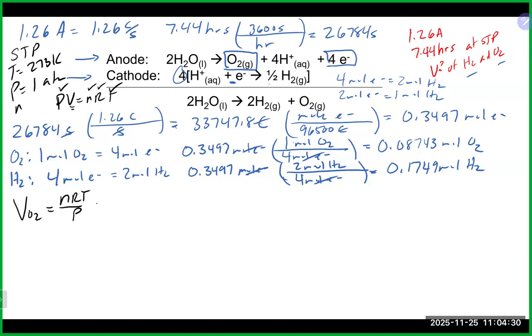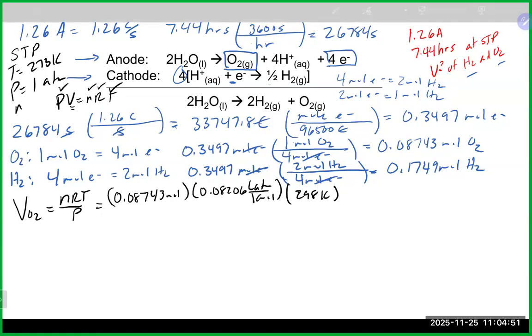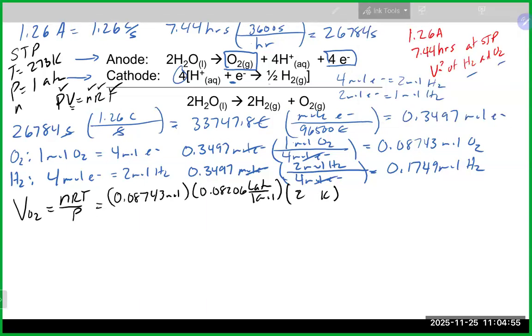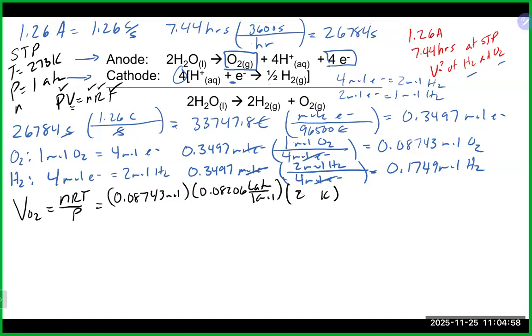And putting in our moles of oxygen, which was 0.08743 moles. Our R value, 0.08206. Our temperature of, not 298, I'm sorry, 273. That would be STP, 273. And divided by 1 atmosphere.